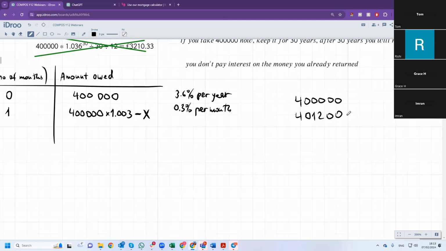That's your new amount. And you make a payment. Let's say you make a payment of X pounds, and imagine X is 2,000. Minus 2,000. So you owe the bank 399,200.